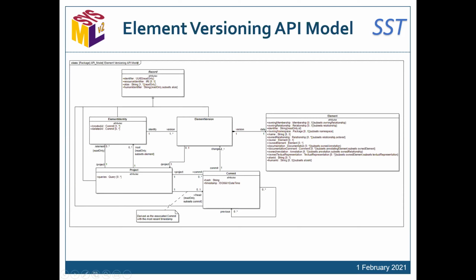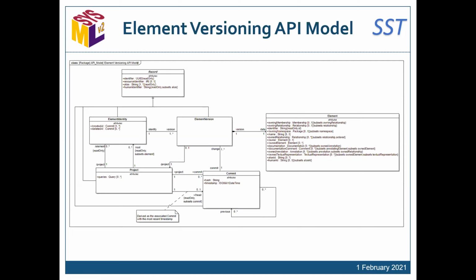Every commit has a change set, which tells you what things were added, removed, or updated in that commit. And so that change set includes a collection of element versions. I'll get to that in a second. And a commit refers to its previous commit. So right now, the versioning model we have in the API is a linear versioning model.